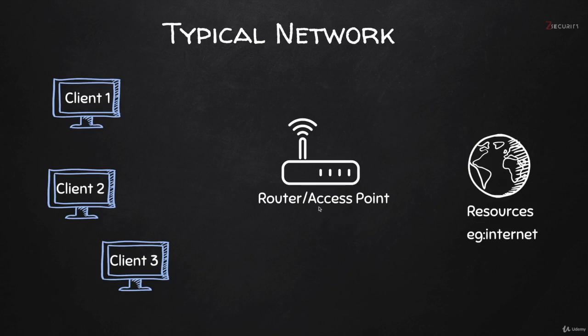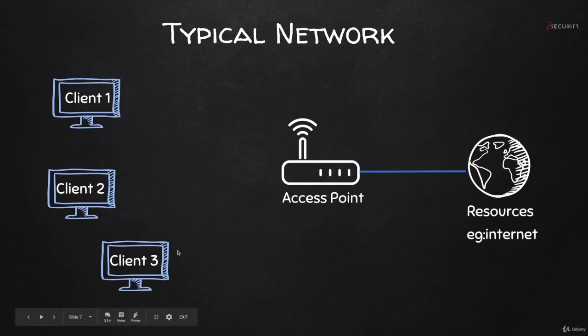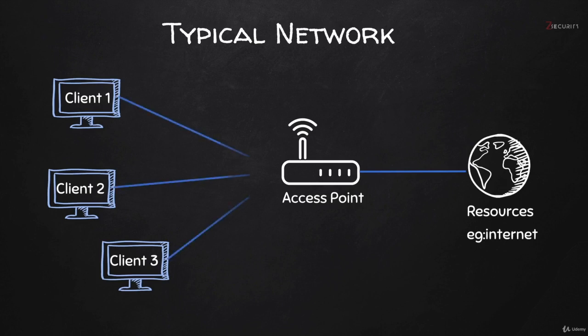This router, server or access point is the only device that has access to the resource. None of the clients have direct access to the resource even after connecting to the network. The only way they can access it is through the access point.